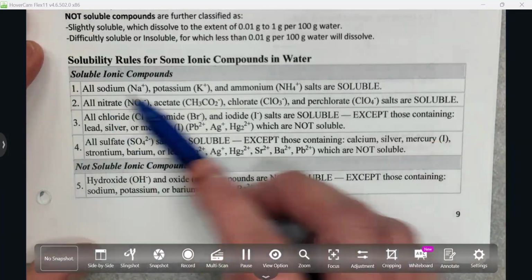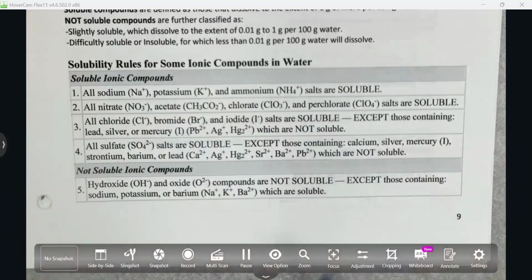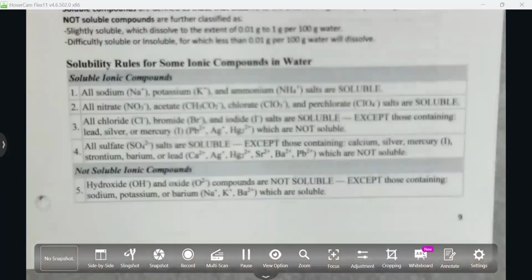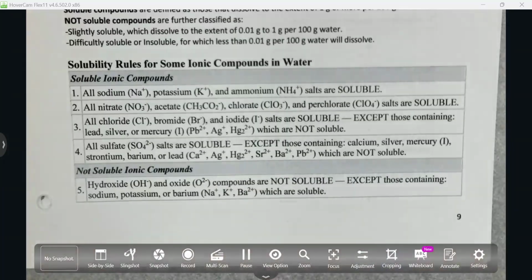This tells you if something dissolves in water. If something dissolves in water, we're saying that water has the ability to split the positive and negative ions apart. So the attractive force between the positive and negative ion is so weak that water can split them apart. If the attractive force is so strong that water cannot split it apart, it doesn't dissolve.